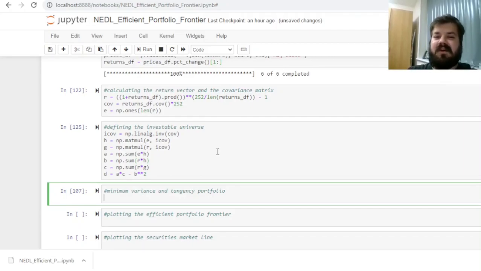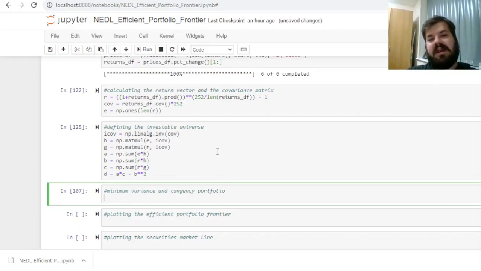And the tangency portfolio is the market portfolio in CAPM, and in theories leading up to CAPM, it is the point of tangency of the efficient portfolio frontier and the securities market line. And we'll plot the securities market line today as well as a very nice bonus.